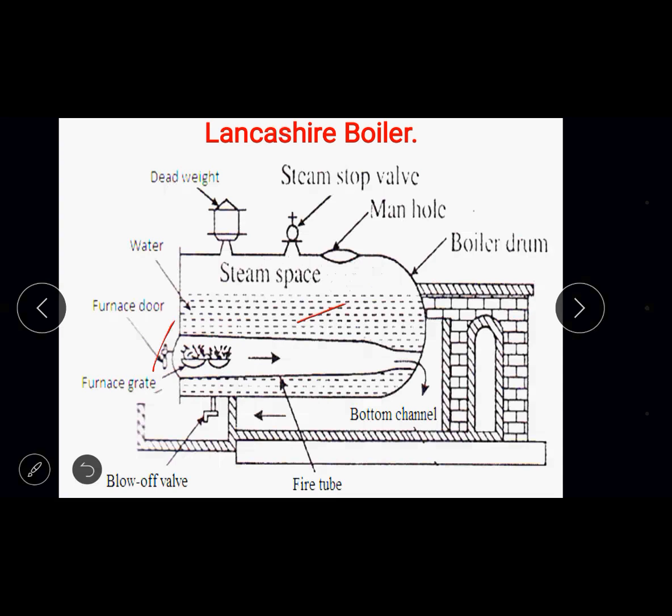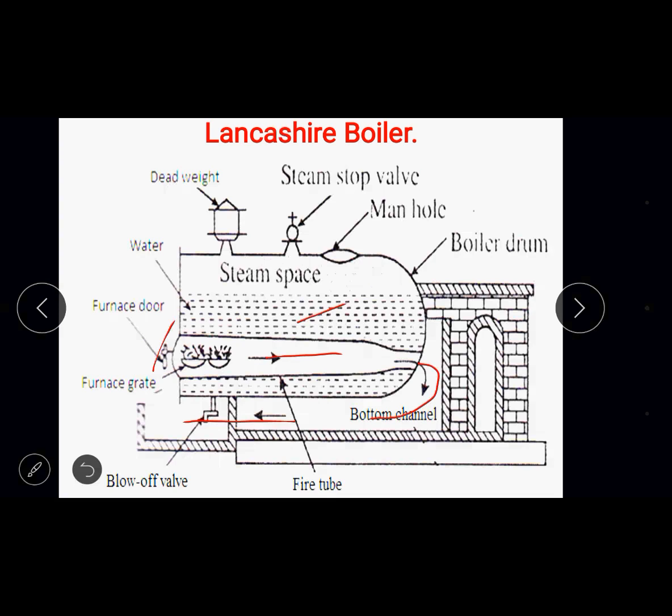In this boiler drum, inside the fire tube, with the help of solid fuel the furnace will be ignited and hot gases will be produced. Those hot gases are made to pass through this closed channel. They pass through the bottom channel and get out to the atmosphere through the chimney. These hot gases heat the fire tubes, and the heat of the fire tubes in turn heats the water surrounding them.